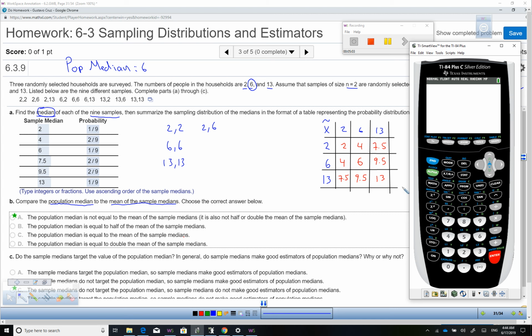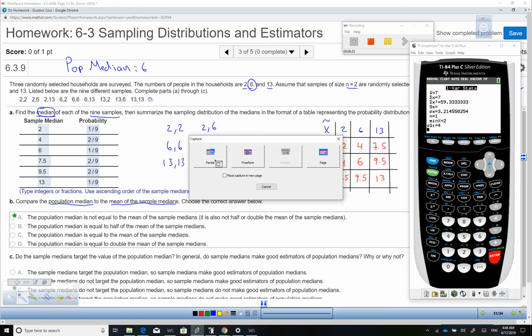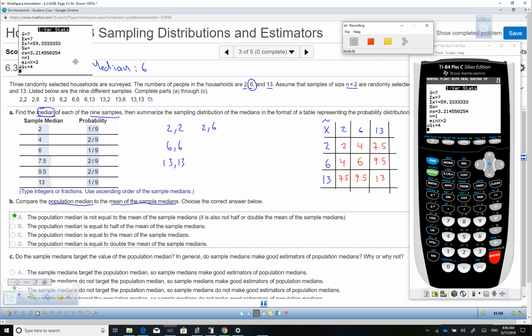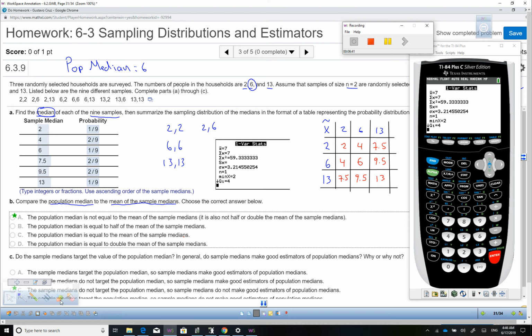Let me capture this calculator screen. Again, this is the mean of the sample median, which is not the same as the population median.